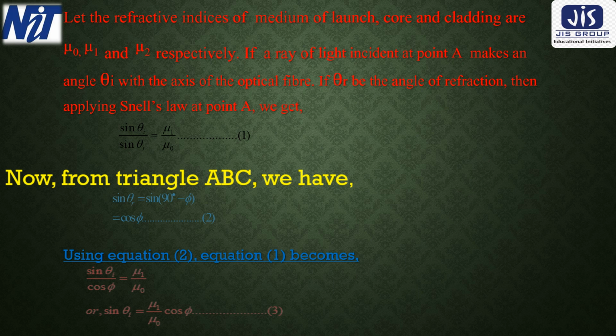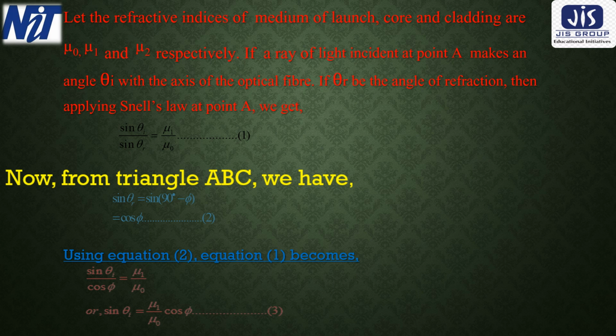Now as I told you earlier, if we drop the perpendicular from point B on the fiber axis, then a triangle ABC will be formed. So from that right angle triangle ABC, we can write sine theta r, where theta r is the angle of refraction.